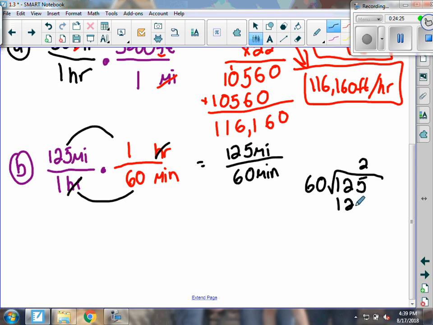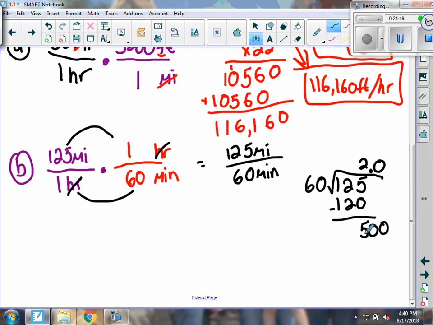That's 120. I'm going to subtract. 125 minus 120 is 5. I've got to add a decimal up here and then add a 0. How many times does 60 go into 50? It doesn't. So I'm going to add a 0 there, and I have to add a 0 here.